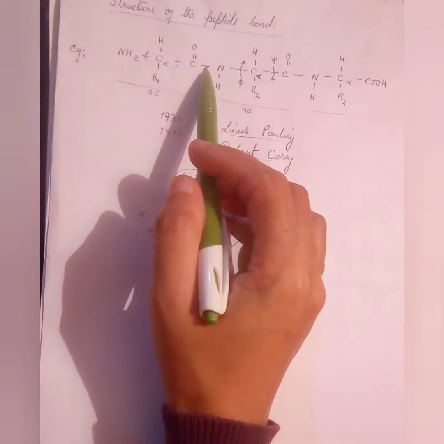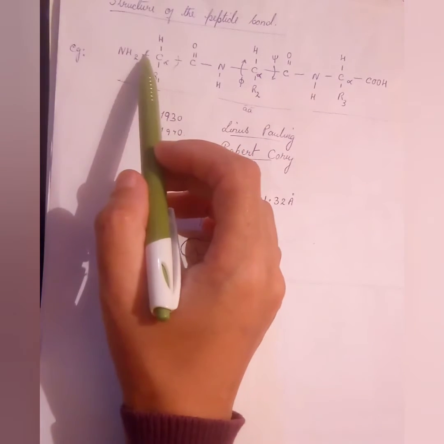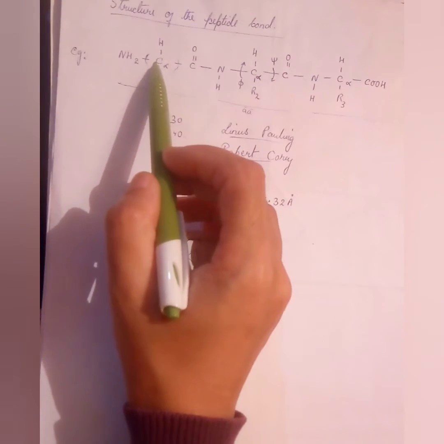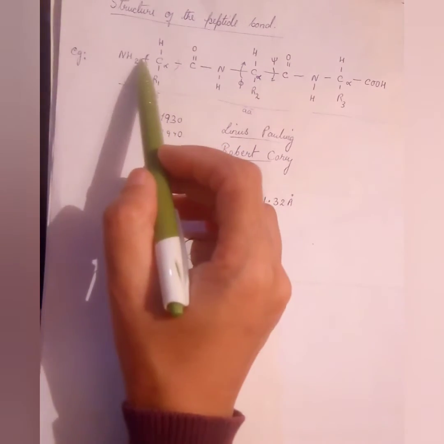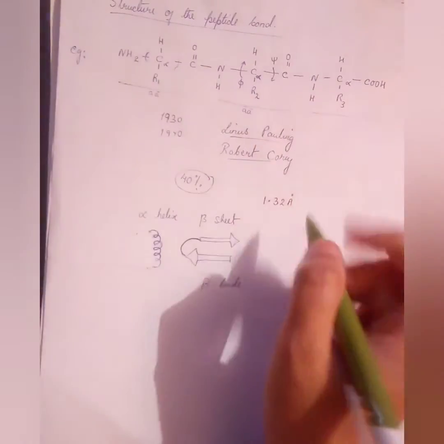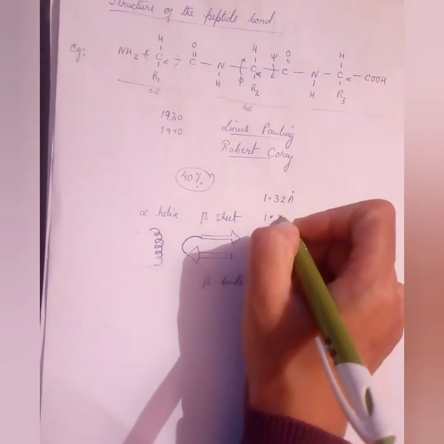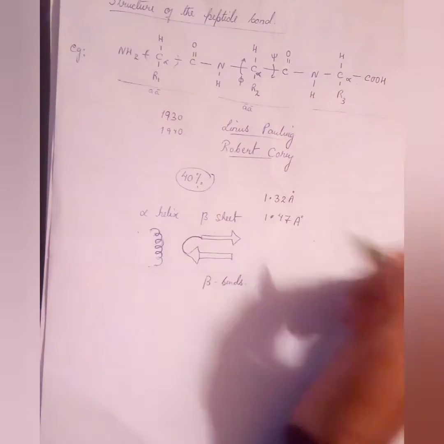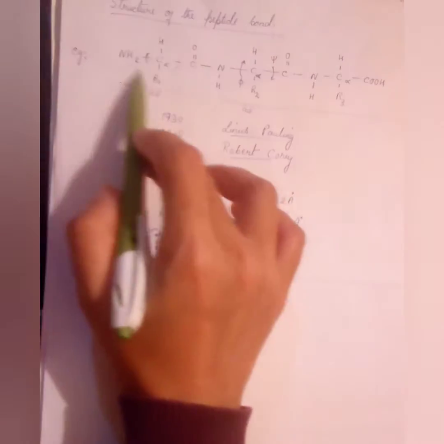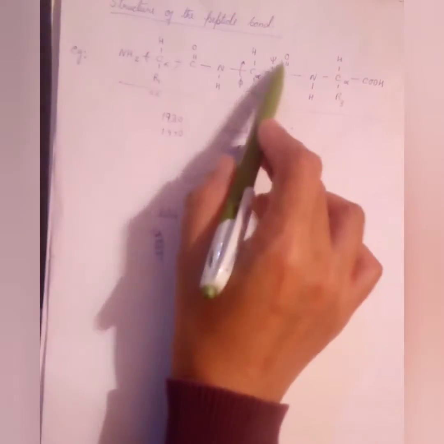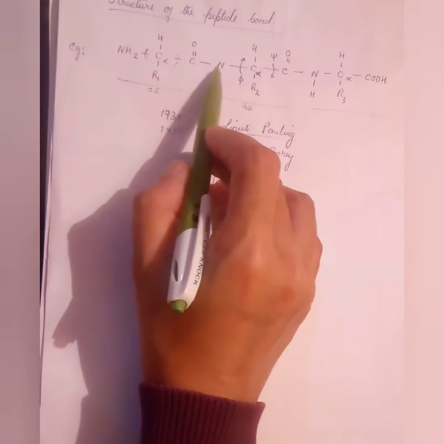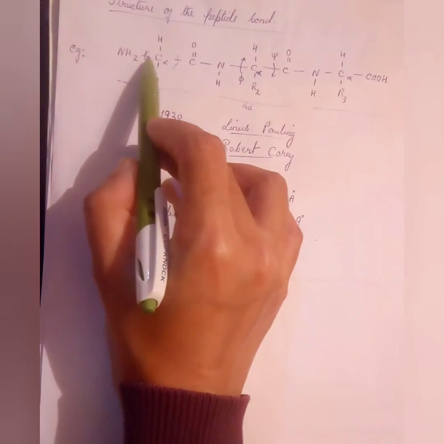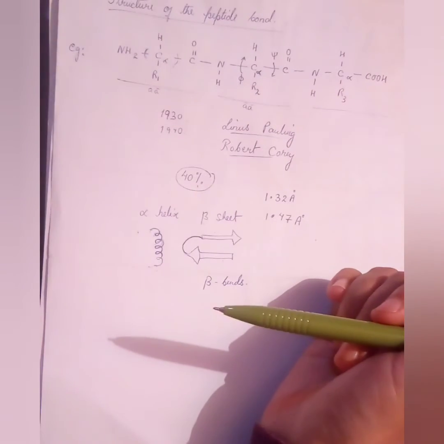It is somewhat shorter than this normal CN bond. You can see here also we have a carbon nitrogen bond. This normal CN bond is actually 1.47 angstrom. But when one amino acid is connected to the second amino acid through this bond here, this bond is somewhat shorter than the normal CN bond.